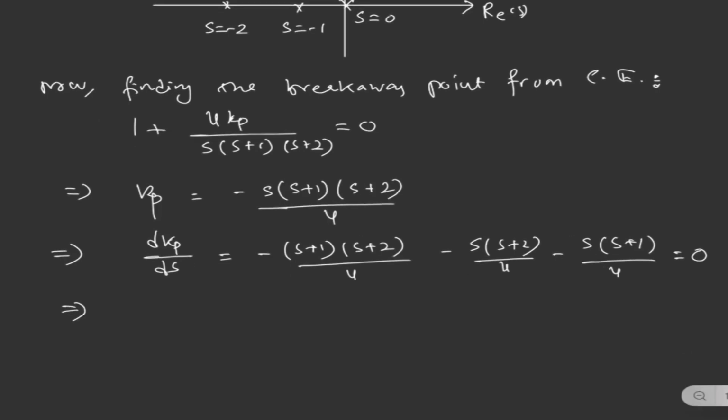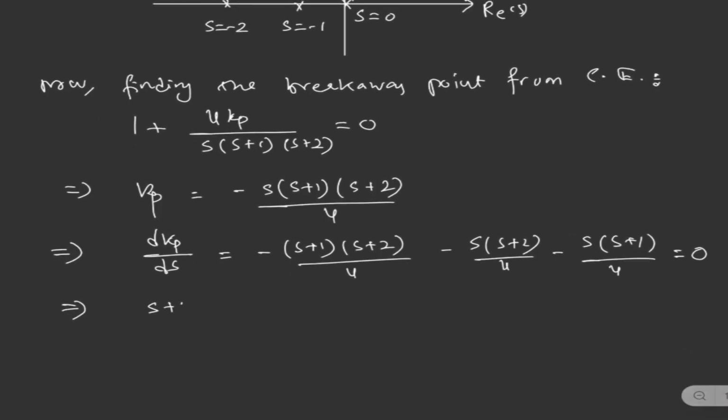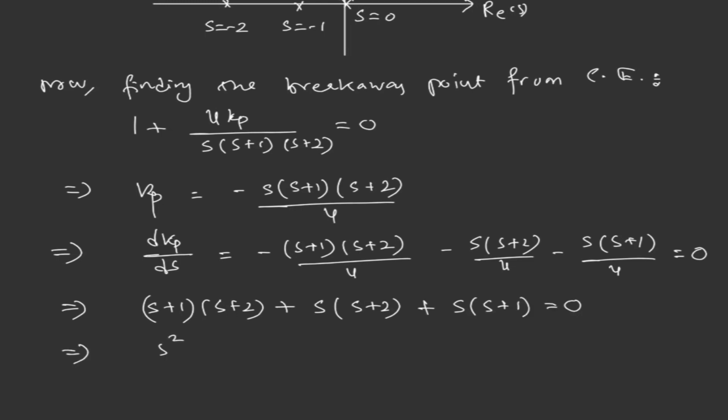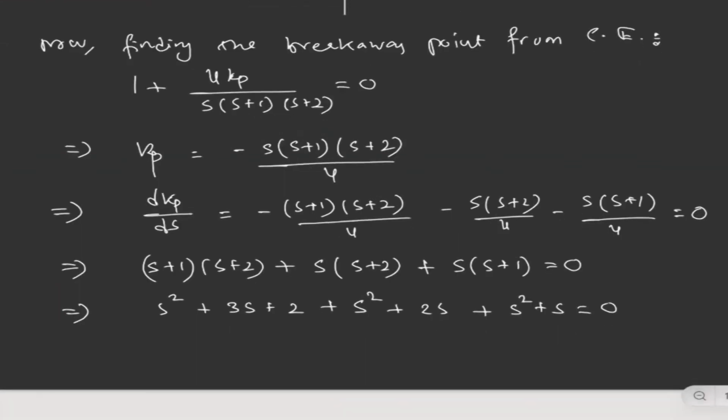From this expression we can write (s+1)(s+2) + s(s+2) + s(s+1) = 0. This gives s squared plus 3s plus 2, plus s squared plus 2s, plus s squared plus s, equal to 0.